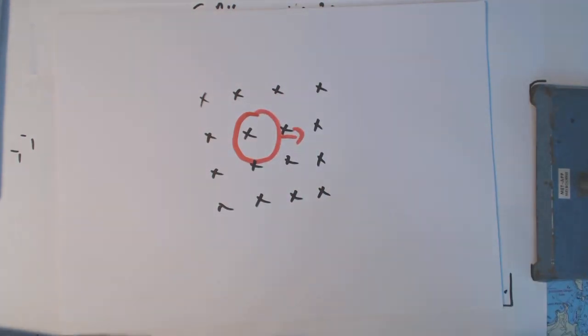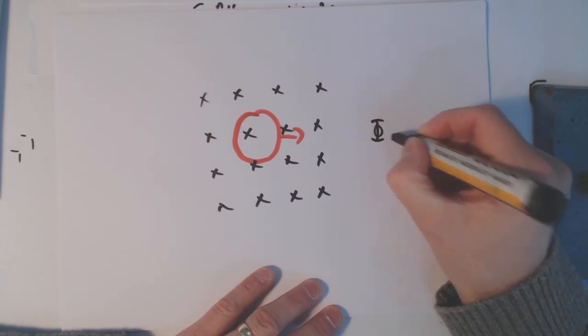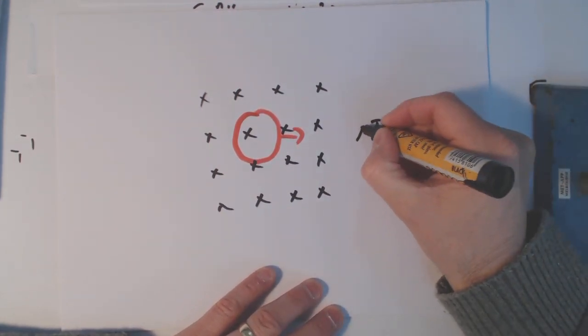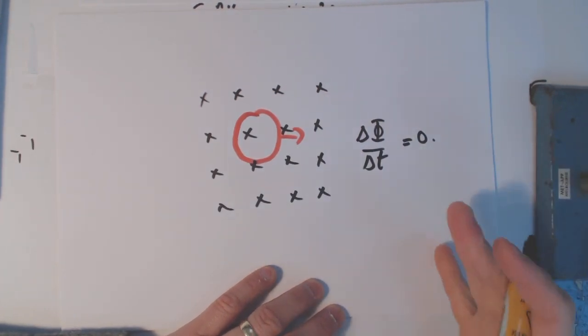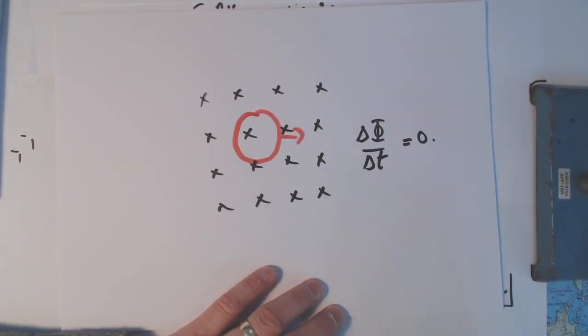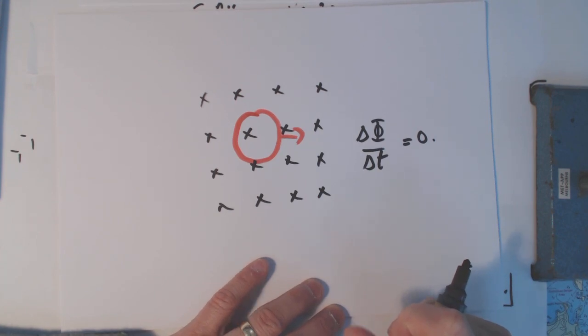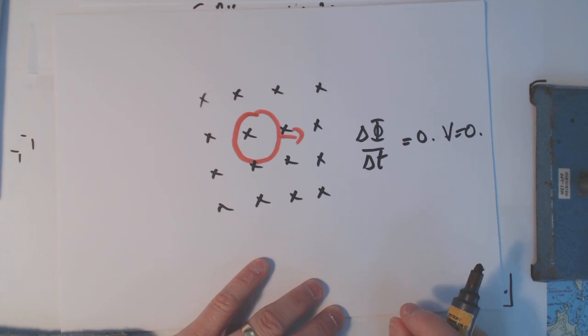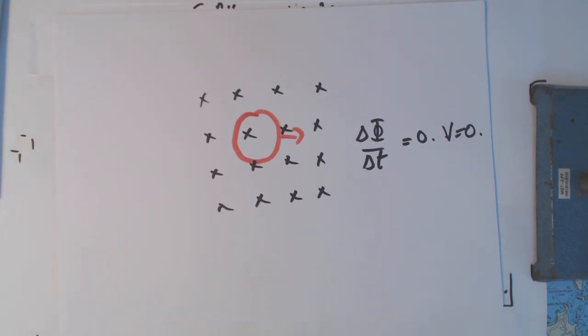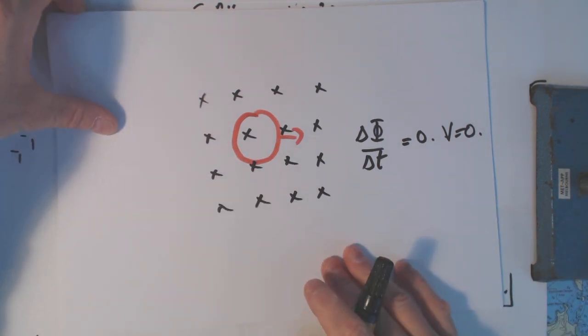So that means the flux is not changing. Delta flux over delta t is equal to 0. It's not saying there's no flux there, it's saying the change in flux is 0. And that would mean that V equals 0. So that's the way we actually look at Faraday's law. Once you know how quickly the flux is changing, you can work out the voltage.